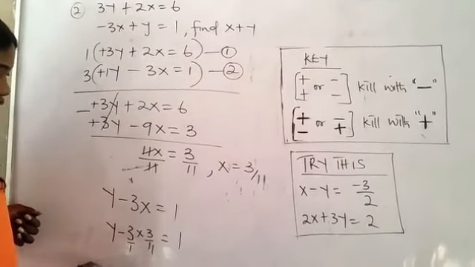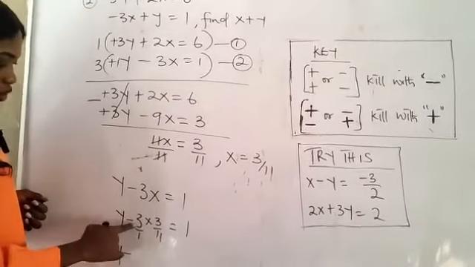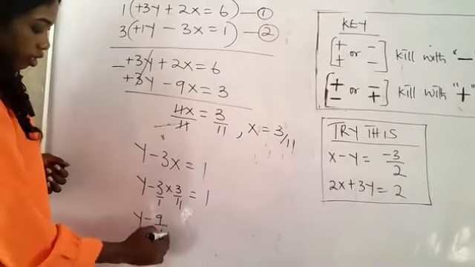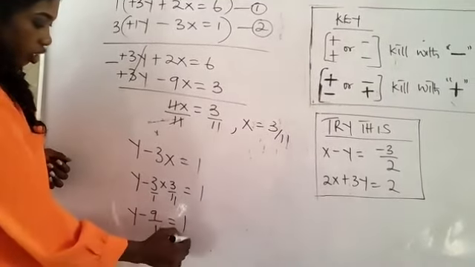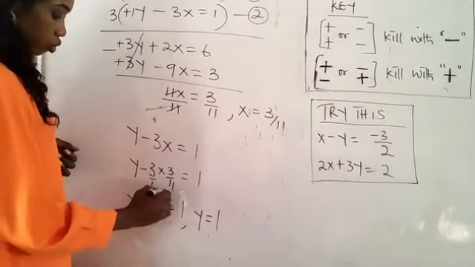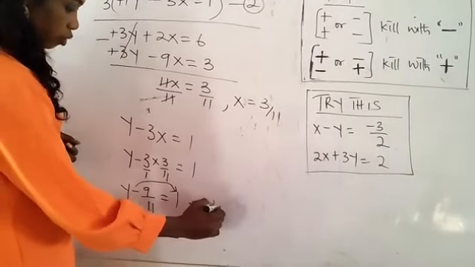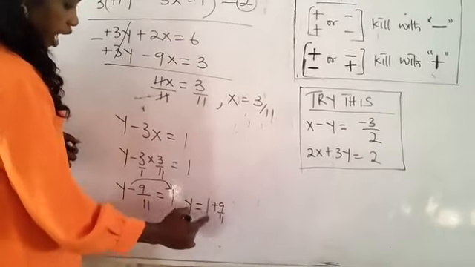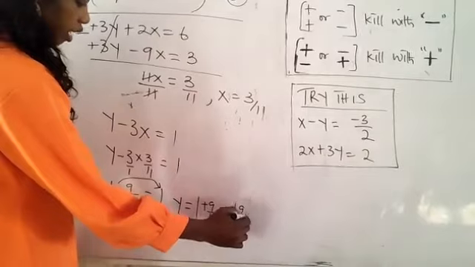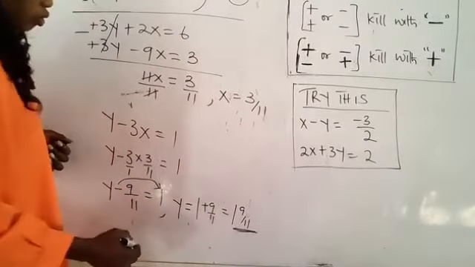Remember, this is 3 over 1. So we have y minus 9 over 11 is equal to 1. In that case, our y will give us 1. This minus will cross over to be plus, so it becomes plus 9 over 11. And 1 plus 9 over 11 will give us one whole number 9 over 11. And that is our value of y.